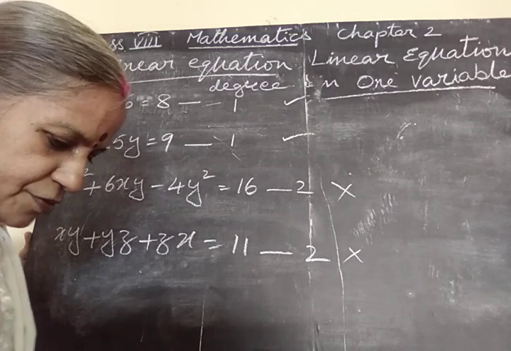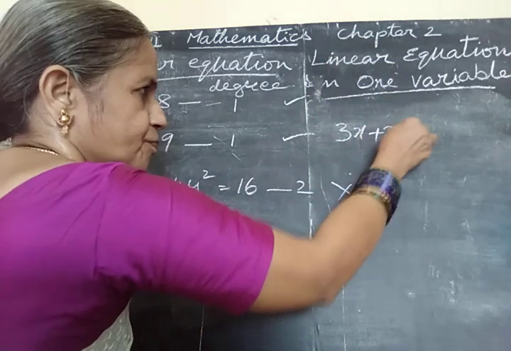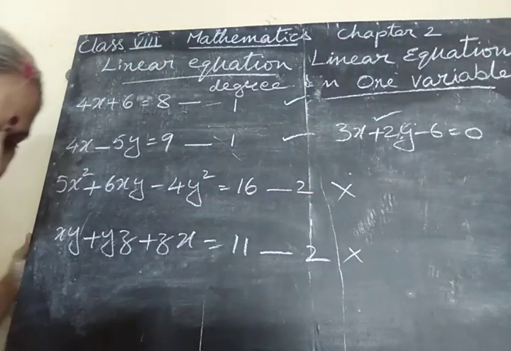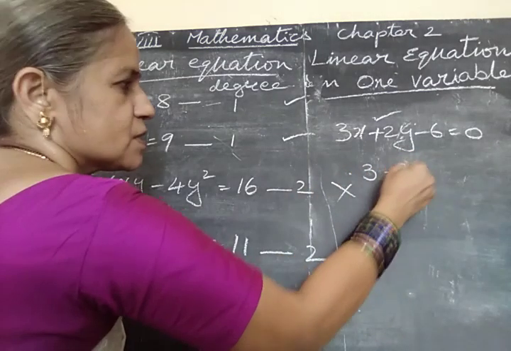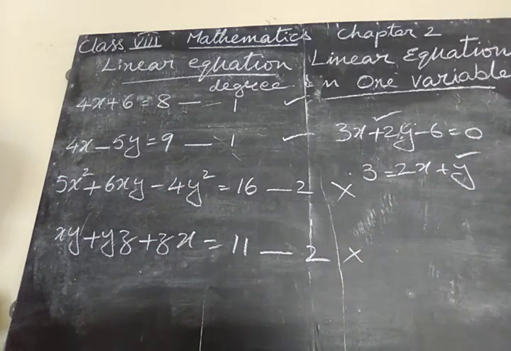Now 3x + 2y − 6 = 0. Degree 1, so linear equation. And 3 = 2x + y. Degree 1, so linear equation. Okay.